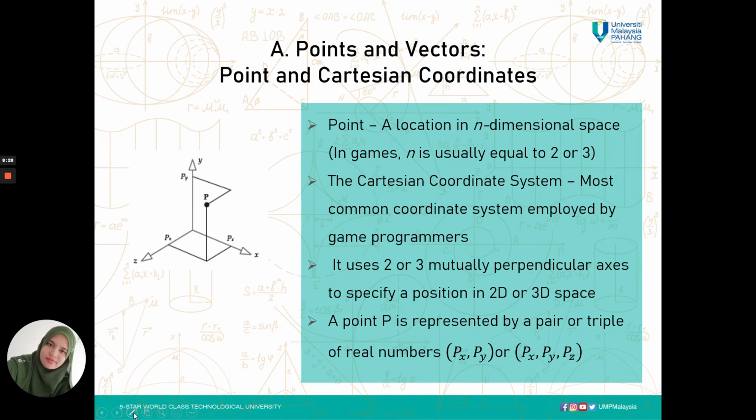For example, P is a point whose location is x, y, and z. And this point is identified by the Cartesian coordinates that you use in your system, in your game development.